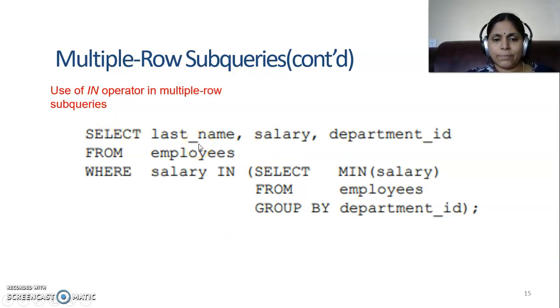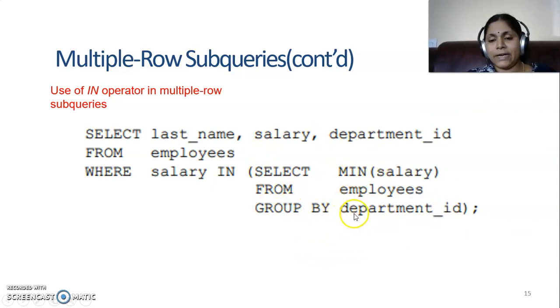For example, select last name, salary, department ID from employees where salary in select minimum salary from employees group by department ID. This subquery will be returning many values, as for each department the minimum salary will be returned.